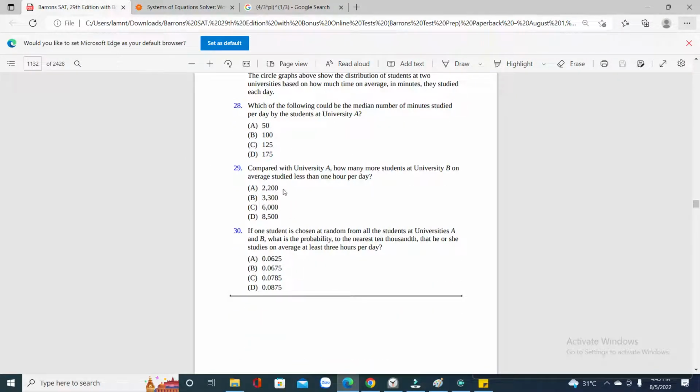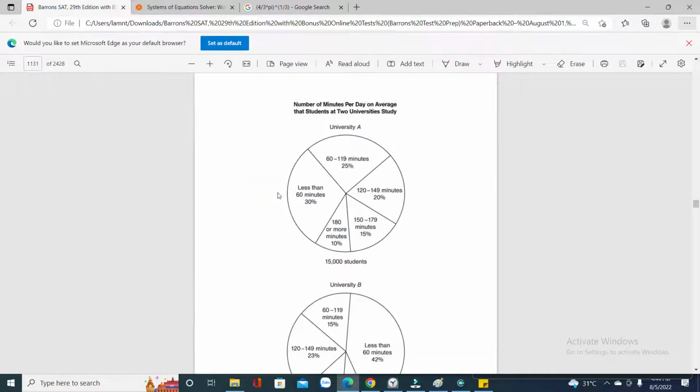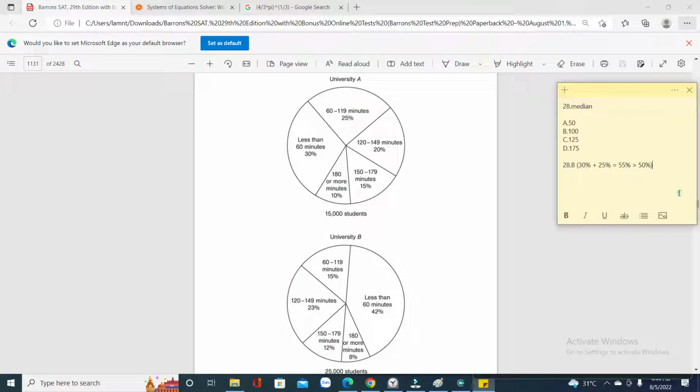For University A, less than 1 hour is 30%, and we multiply by the total number of students, which is 15,000, which returns 4,500.